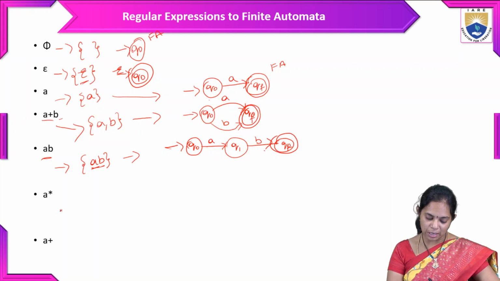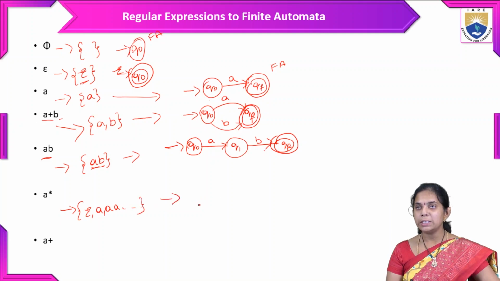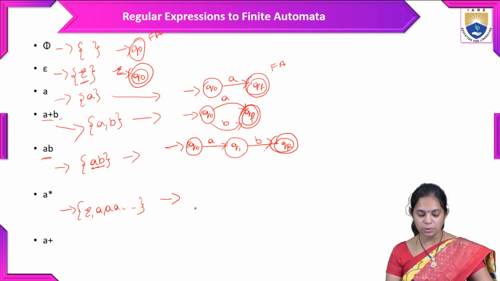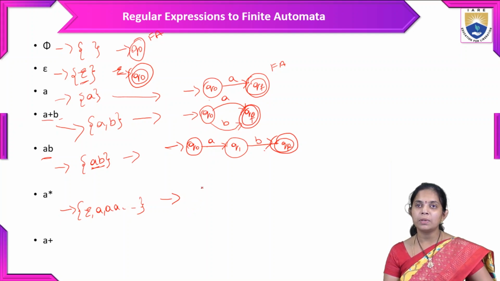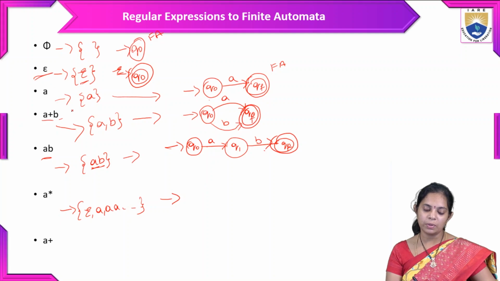And for a star, it has the set which has the epsilon symbol, a, aa, and so on. Initially it has the epsilon symbol here. With the epsilon symbol, it is reaching the final state, and also with the input symbol a. How many times a is repeating?